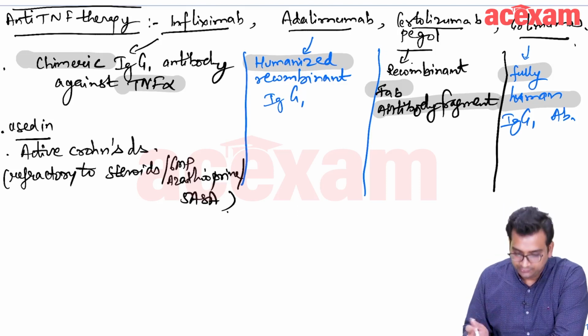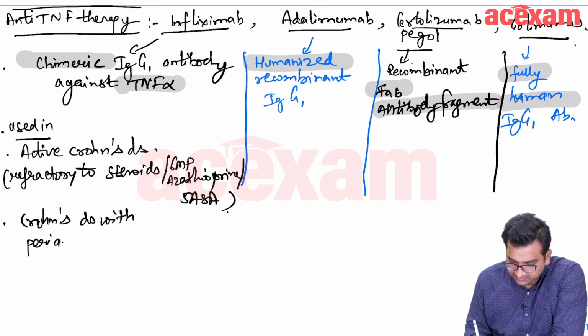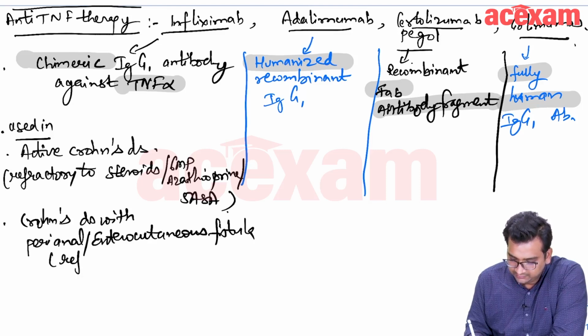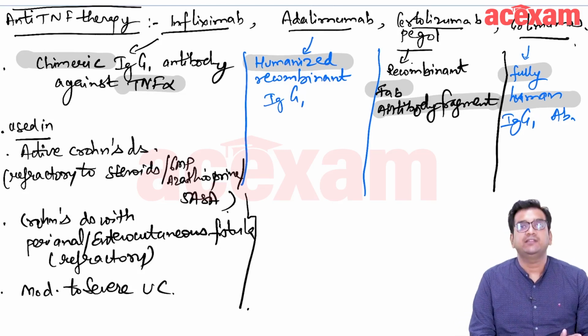So this is used in active Crohn's disease or Crohn's disease with perianal or enterocutaneous fistula, which is refractory. Okay, and moderate to severe ulcerative colitis, which is not responding.